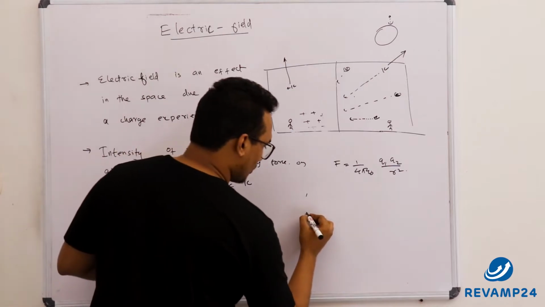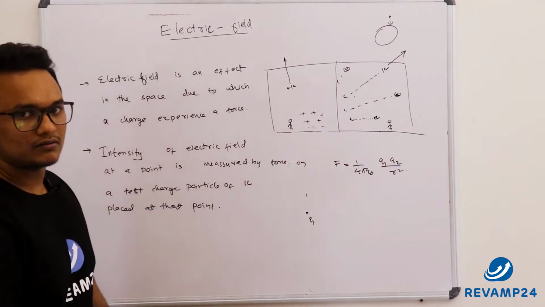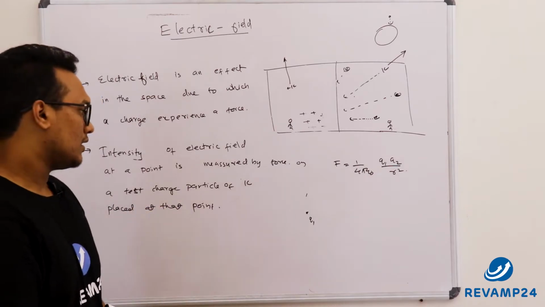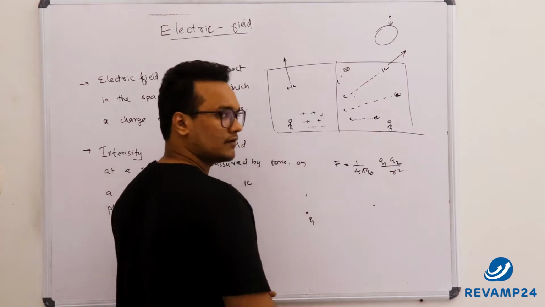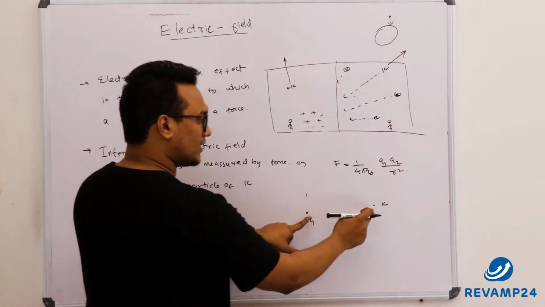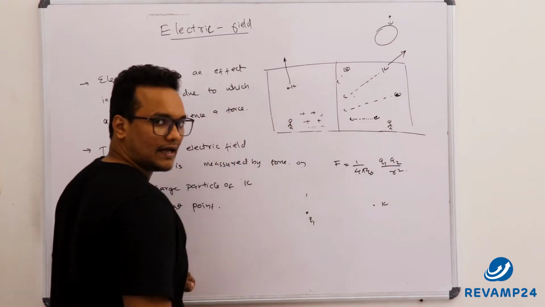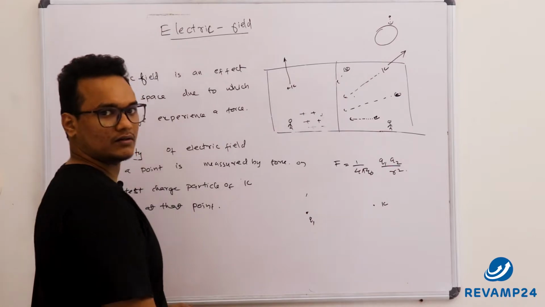Let's say we have Q1 here. Q1 is creating an electric field around itself. Now how to find the electric field due to Q1 at this point? We will place a test charge of 1 coulomb here and find the value of the force exerted on 1 coulomb by Q1.